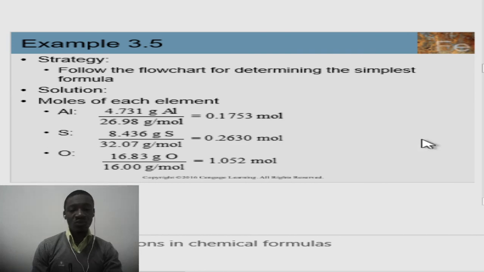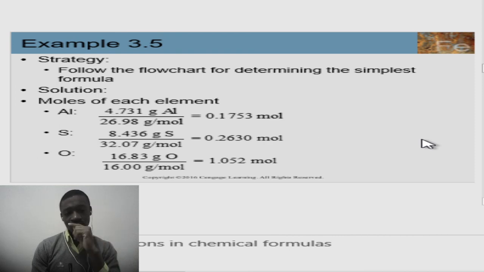What we have to our advantage is we go to the periodic table and find the mass number of aluminium, sulfur, and oxygen, of which you should be familiar with oxygen by now as being 16.